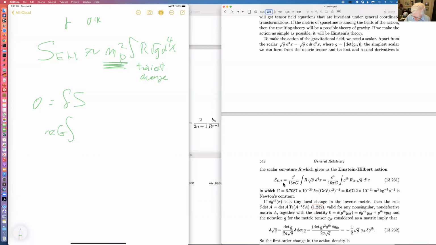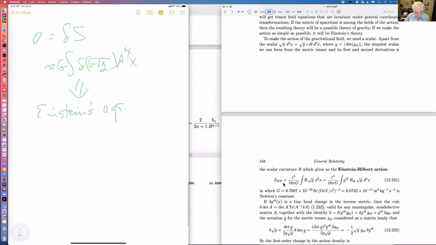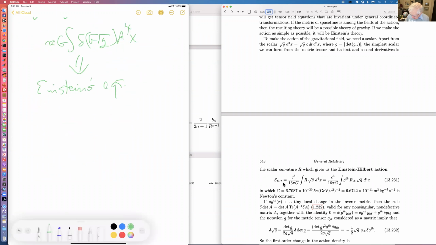You have here delta of R square root of g d^4x. This gives you the Einstein equations. And so what are these Einstein equations?